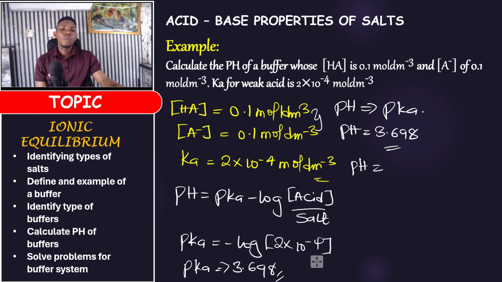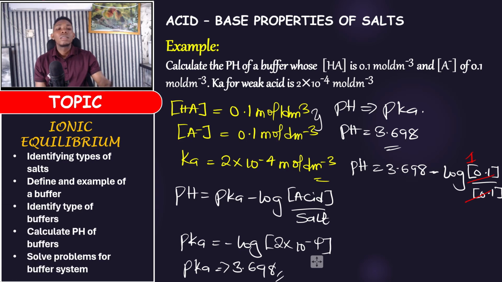pH now will be, formula, pKa, which is 3.698, minus log acid, 0.1 divided by 0.1. Alright, now at the end of the day, when this cancels, you have 1. Log of 1 is what?